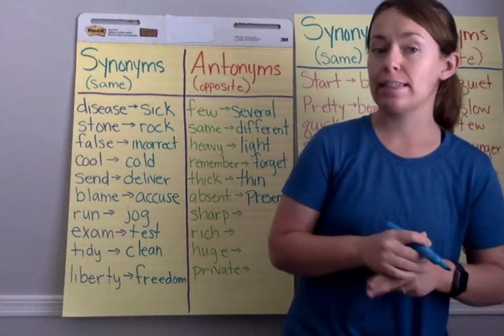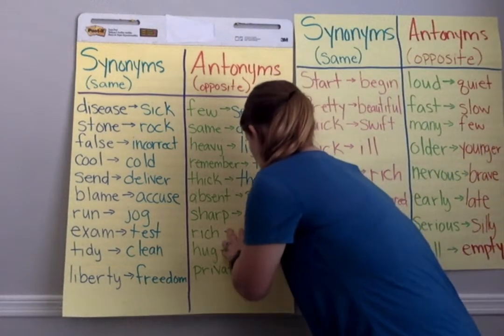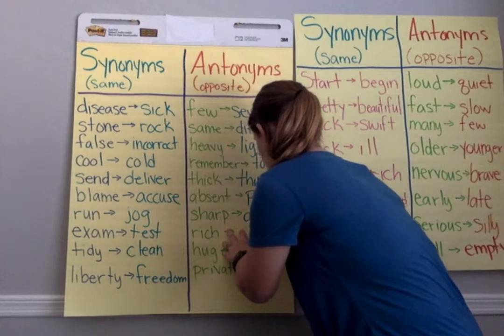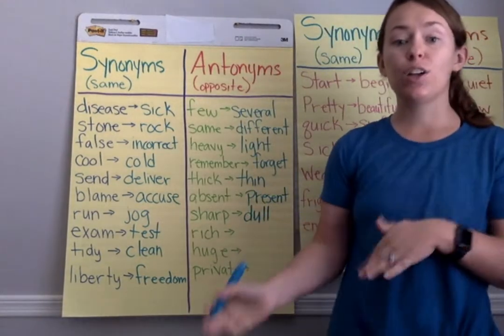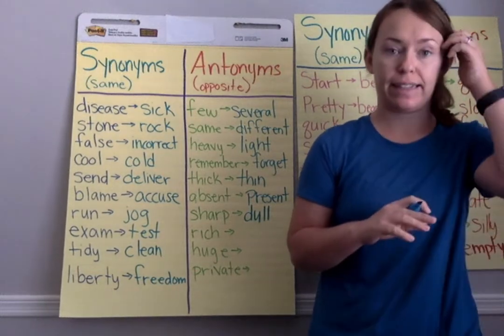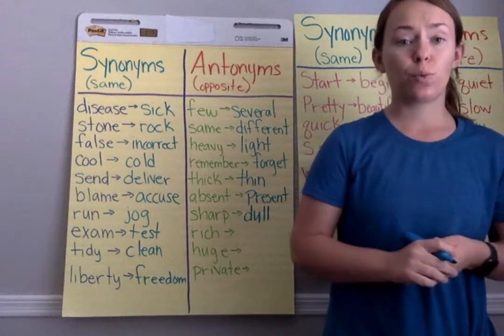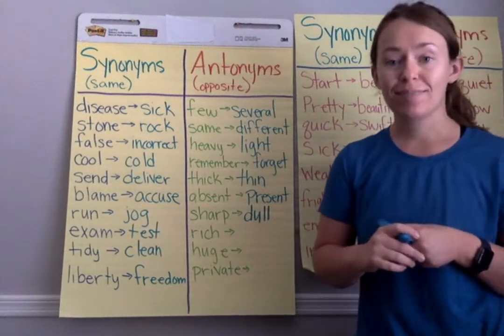If your pencil isn't sharp, what is it? It's dull. And I know we talked about this one on Tuesday, last time we did the synonyms and antonyms. If I'm not rich, what am I? I'm poor.